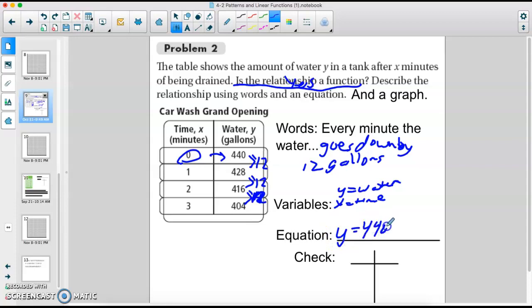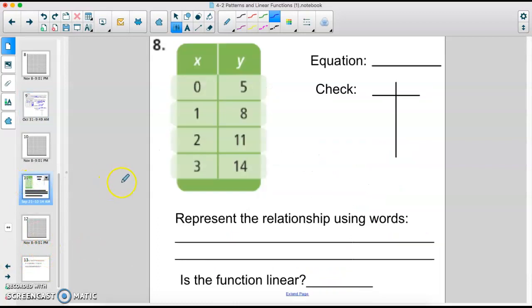Anytime you get at time 0, that's going to just be a number, 440 in this case. And then we go down 12. Now remember what I said, the difference here is going to be what you multiply by. So our equation would be 440 minus 12x. And again, it's always good to check to make sure it's good to go.